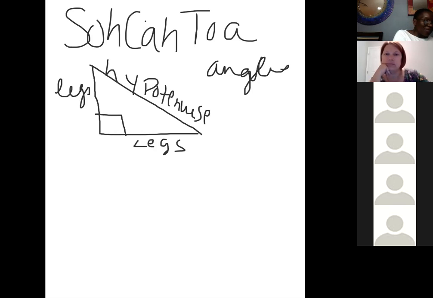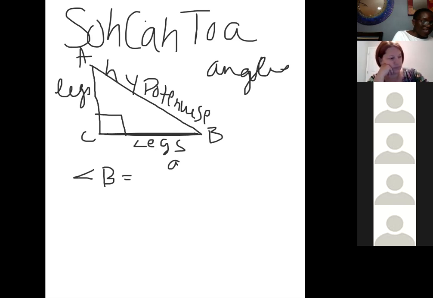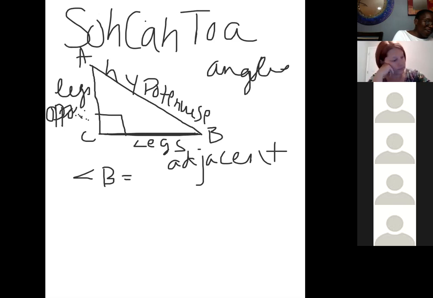I'm going to call this A, B, and C. This is triangle ABC. So angle B: this side right here, because it's touching angle B, we call it the adjacent side. And the side that is away from angle B, not touching angle B, is called the opposite, okay?